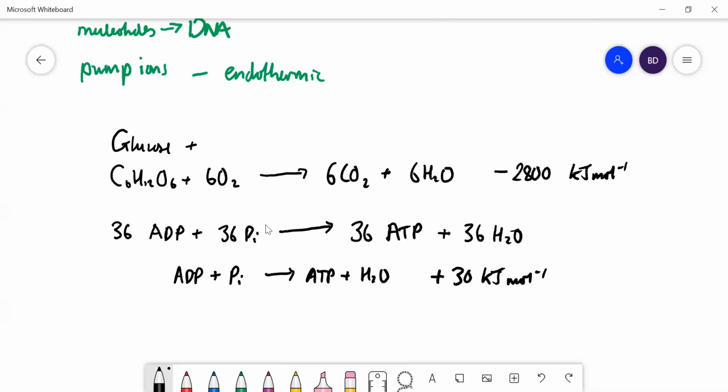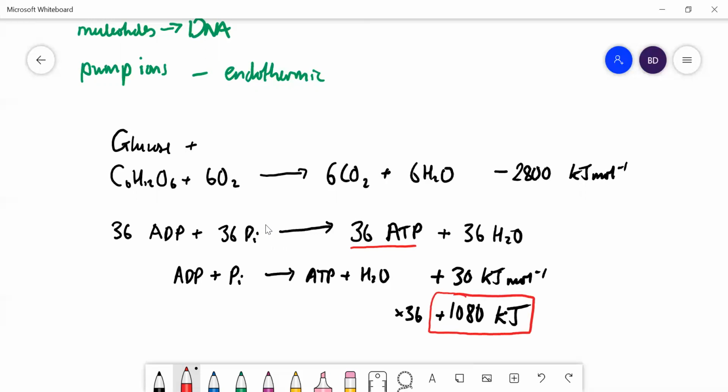So times that by 36, the amount of energy that would require would be plus 1,800 kilojoules. So every time you oxidize 1 molecule of glucose, you get 36 ATP molecules. That would require that much energy.